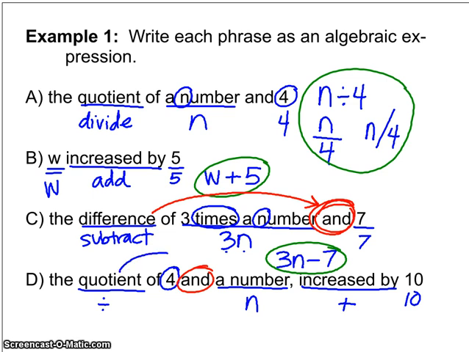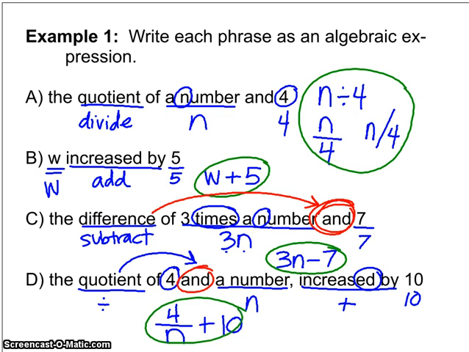So again, the separator kind of tells us what we're dividing. We're dividing 4 and a number. So this would be like 4 divided by n. And then that is increased by 10. And again, pay attention. Increase suggests a past tense or occurring after something. So here we're dividing 4 by n, and then we are adding 10.